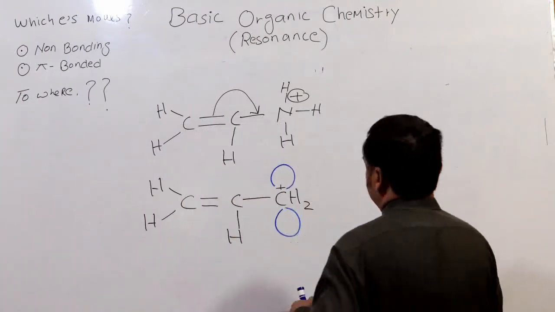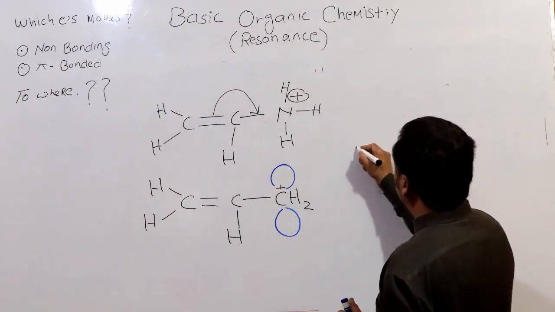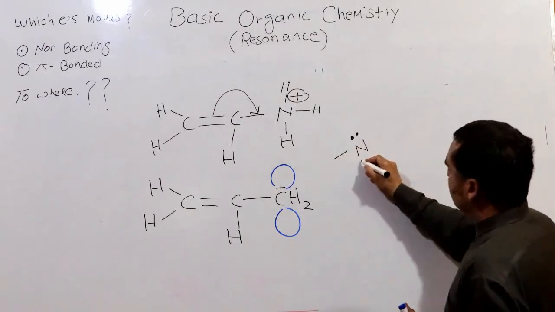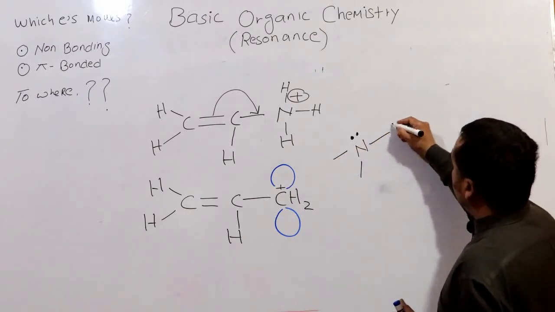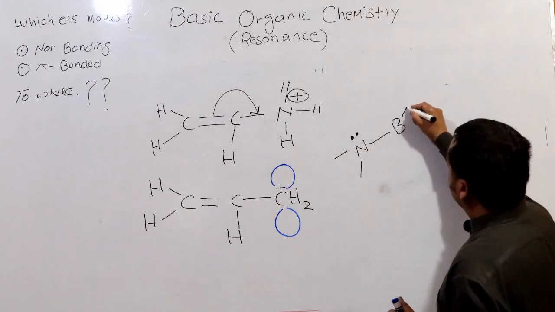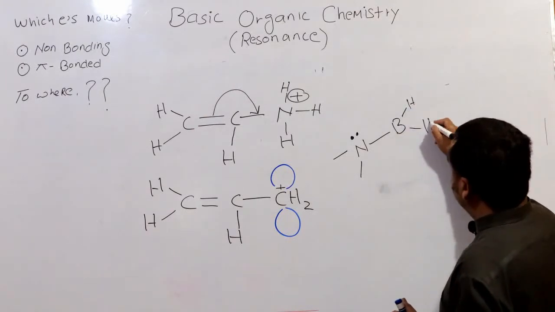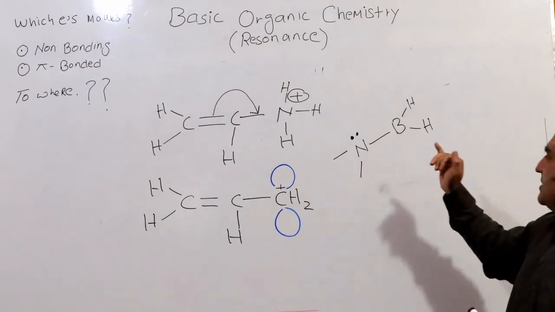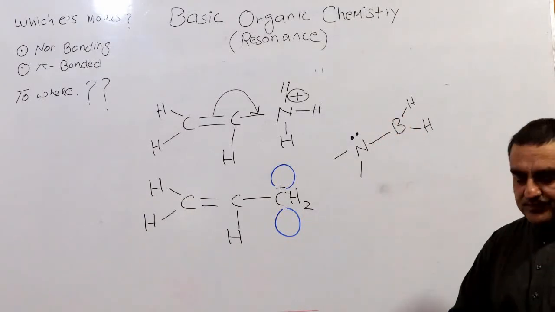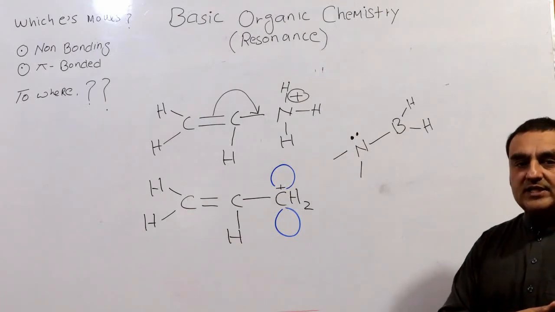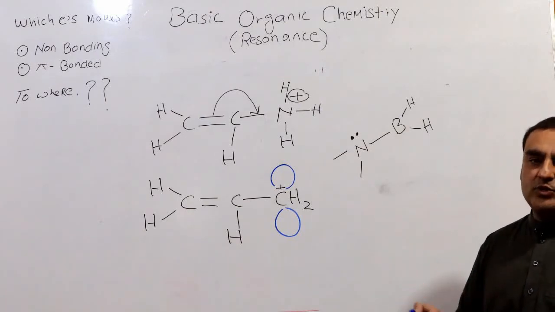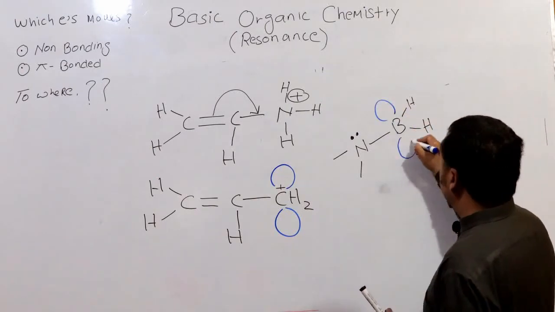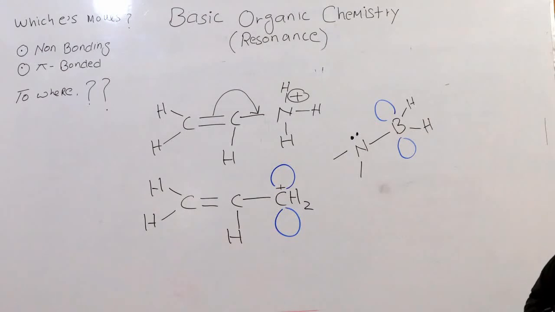Let me show you another example. Suppose you have nitrogen lone pairs and you have a boron BH2. As you know, when boron forms 3 covalent bonds, it is always sp2 hybridized, so there is always a vacant orbital on it, okay. Now this is a little bit interesting.